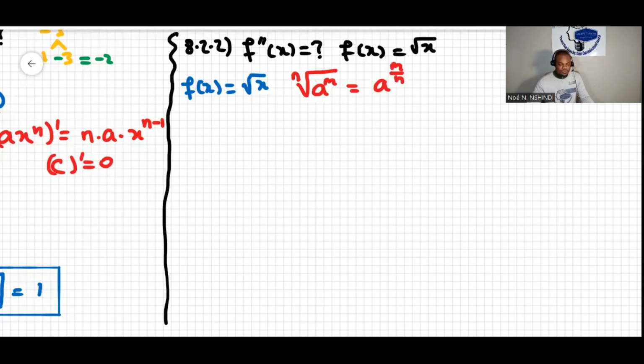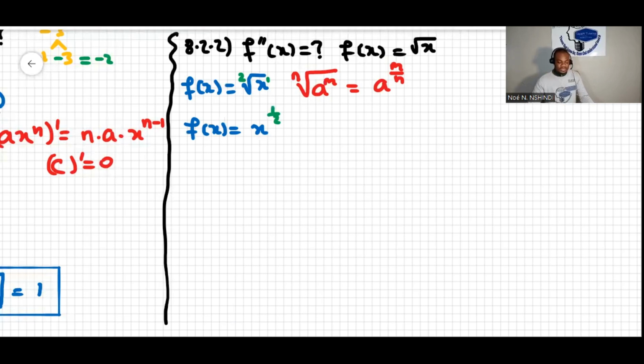So this will be written as f of x equal to x to the power. When we don't see any index on the root, it means the index is 2, and x is x to the power of 1. Therefore, we can write x to the power of a half.